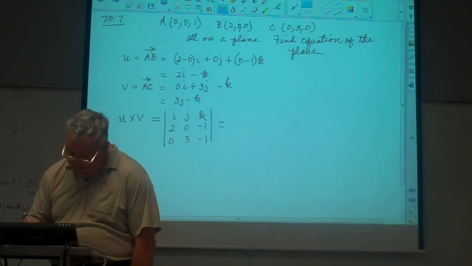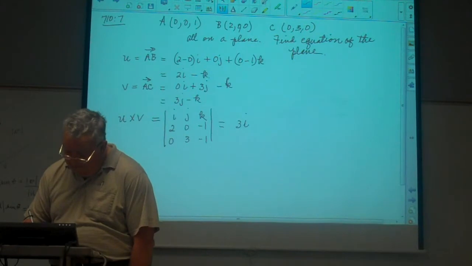And I think that's equal to 3i. That is 0 minus a minus 3, which is plus 3. And then 0 times 6 only, that's minus, with a minus in front, is 6j.